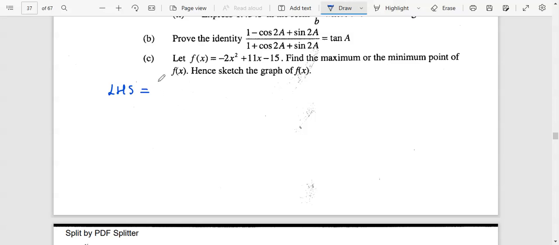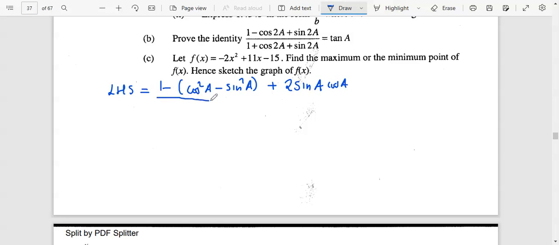So I'm going to write it as 1 minus, where there's cos 2a, cos squared a minus sin squared a, and then plus. Now sin 2a, friends, we need to know that it is equal to 2 sin a cos a.